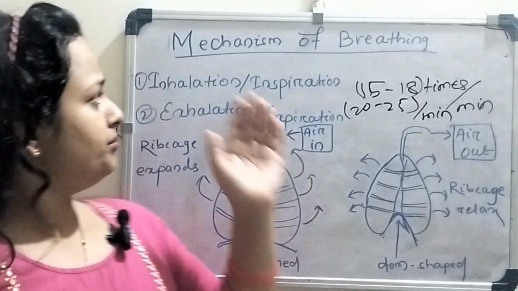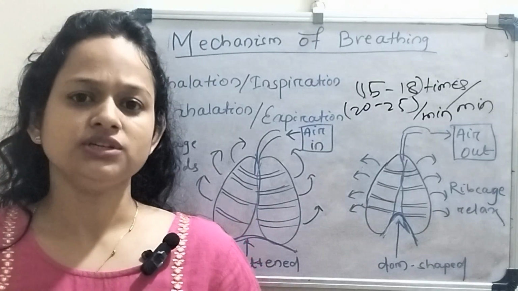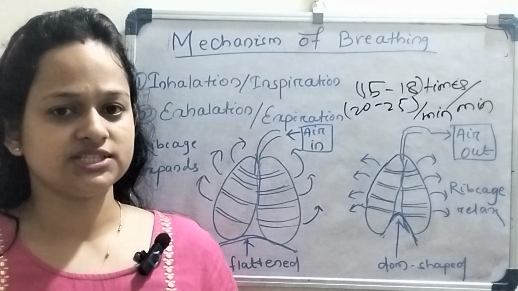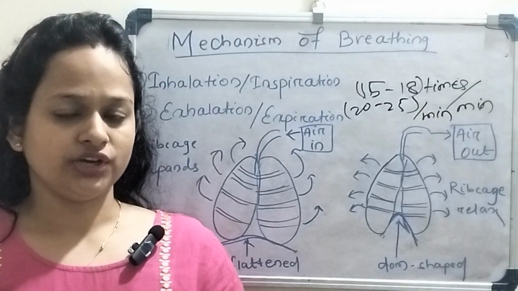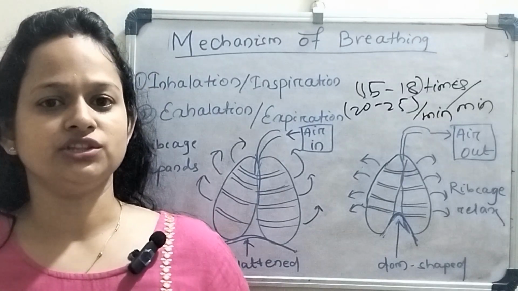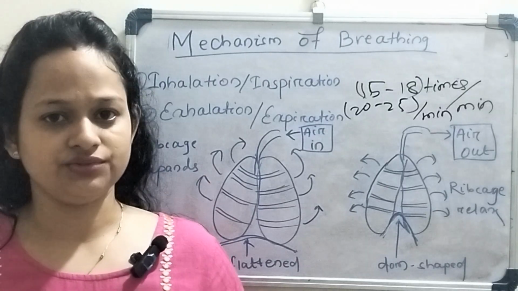Then come to the mechanism of breathing. Breathing is a simple mechanical process and it is the first step of respiration. The air that passes in and out of the lungs occurs by the alternate expansion and relaxation of the thoracic cavity.